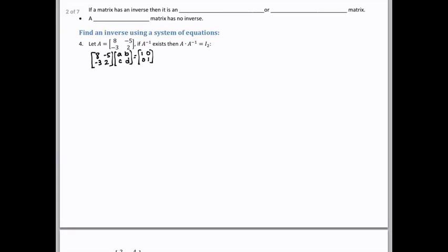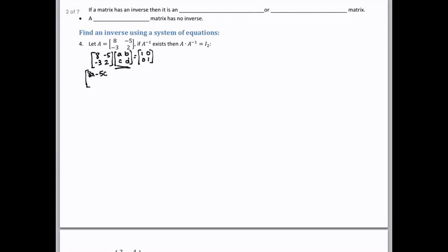Okay, so right off the bat I have this variable matrix here, and we have that 2 by 2 matrix on the other side. So we're going to take these two matrices, our original matrix A and the variable matrix, and just multiply them across using our matrix multiplication. So we're going to get a 2 by 2 matrix with a bunch of variables in it. To start off, our first row, that first entry is going to be 8A minus 5C.